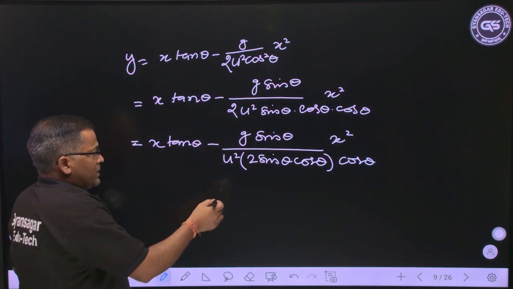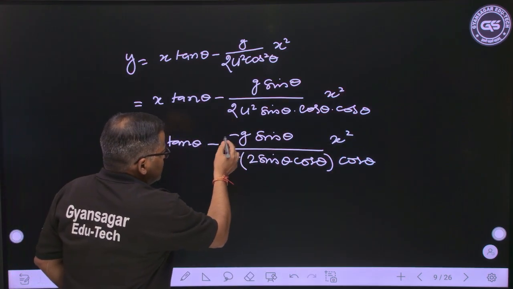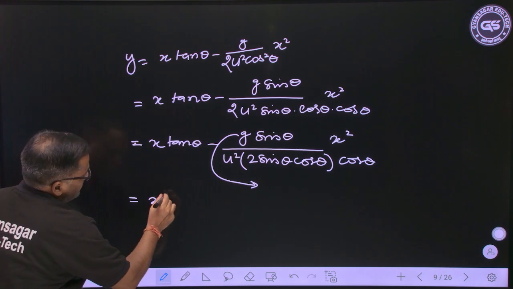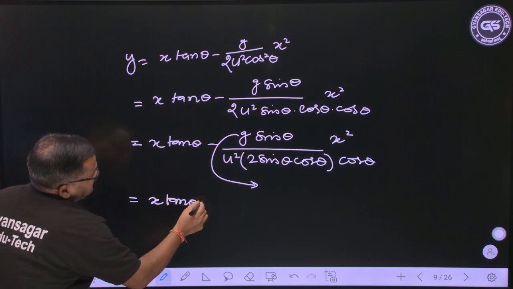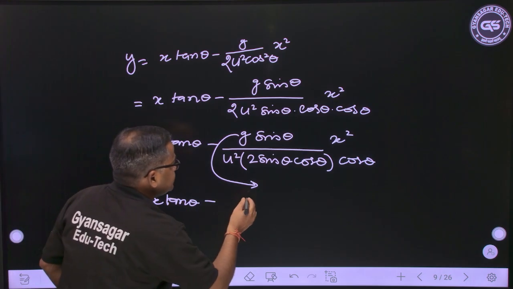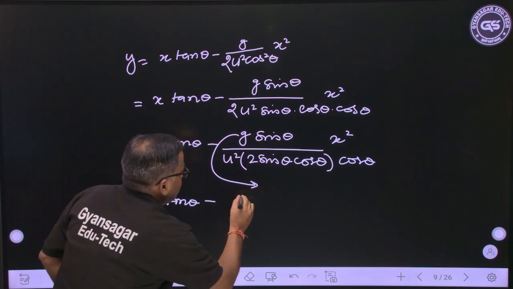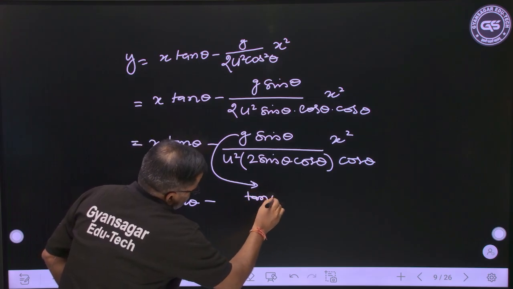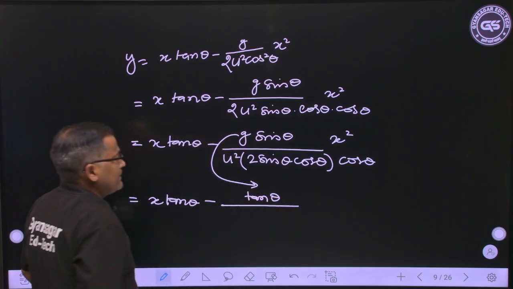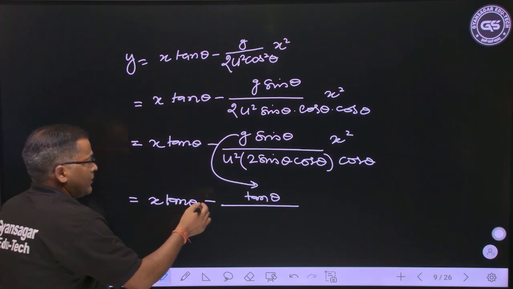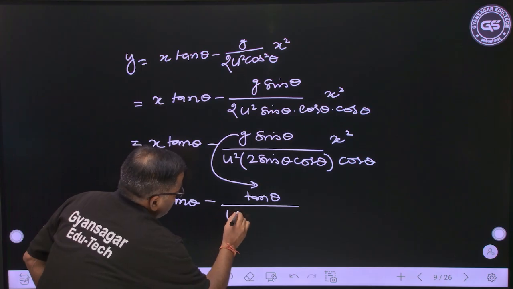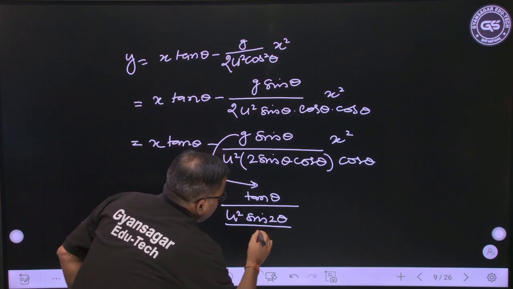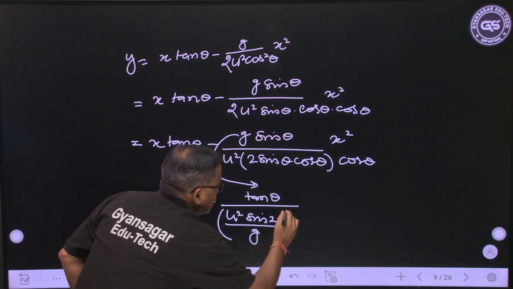Now I will bring this g here and it becomes like this: x tan theta minus tan theta by u square sin 2 theta by g.